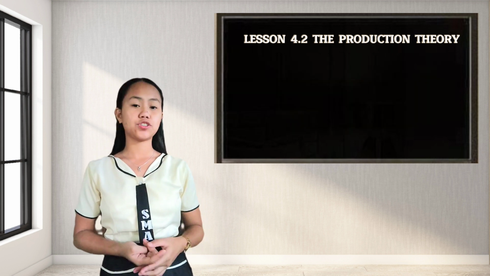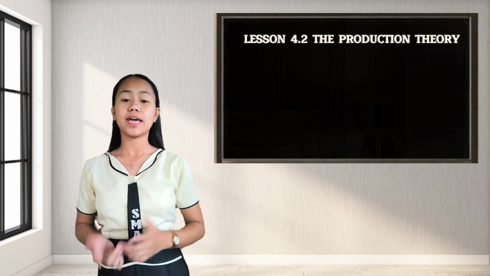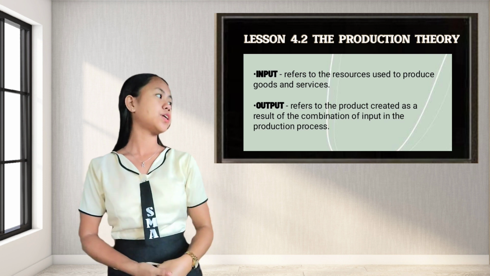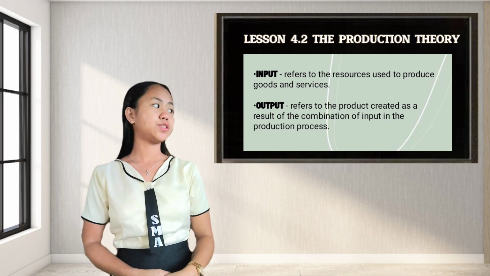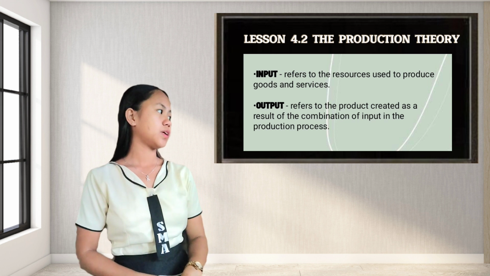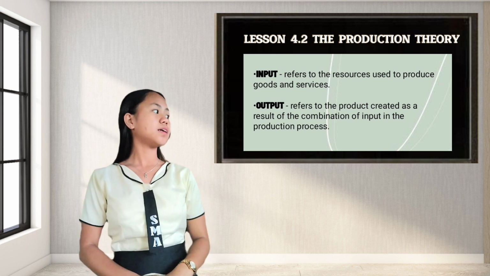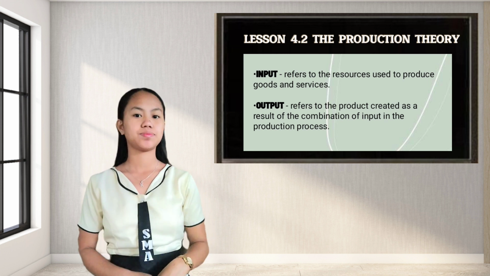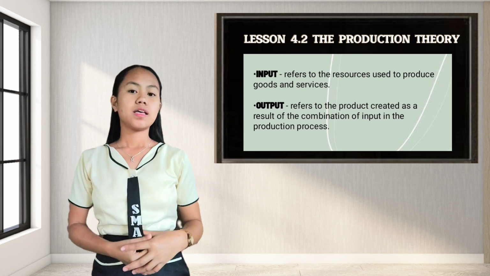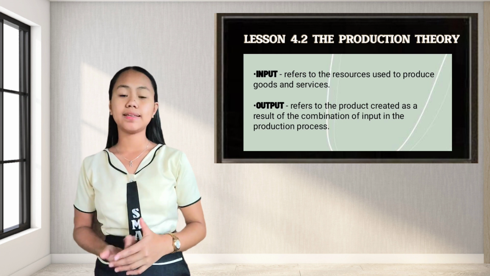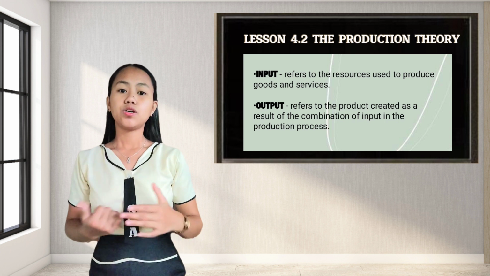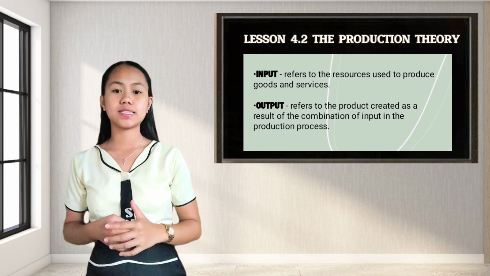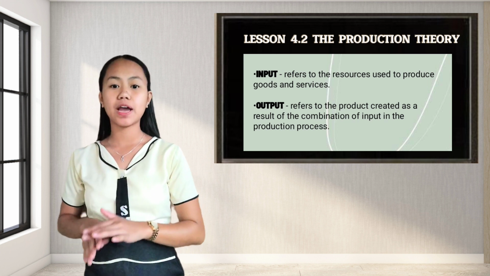Input refers to the resources used to produce goods and services. Output refers to the product created as a result of the combination of inputs in the production process. So input refers to the stock of supply that can be used to produce goods and services, while output is the final product or the final result.